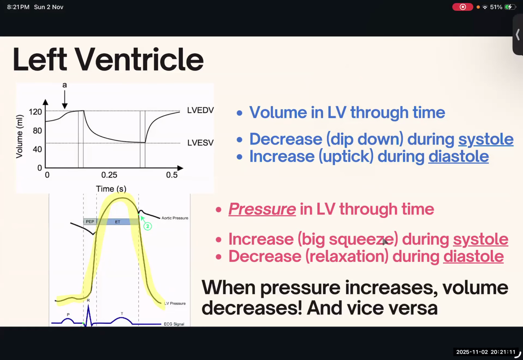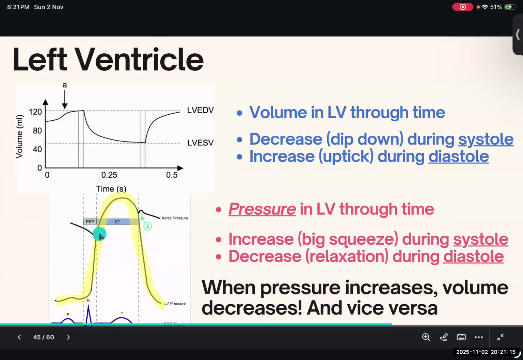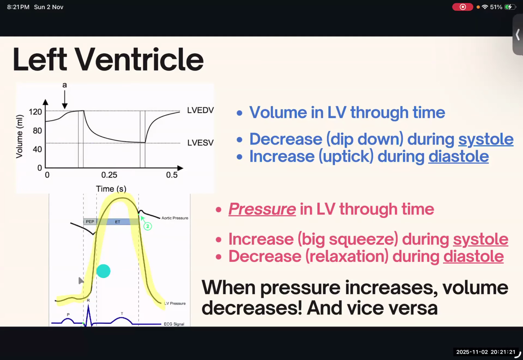Let's add one more thing. Now, let's compare these. Here we have the ventricle. When we have contraction, increased pressure in the left ventricle, is the blood volume going to decrease or increase inside the left ventricle? Decrease.